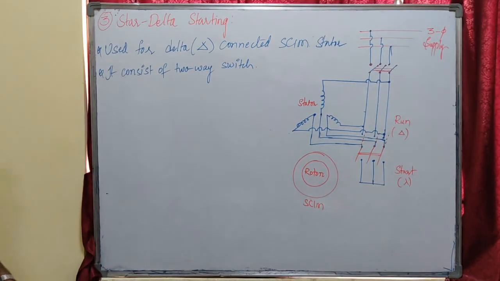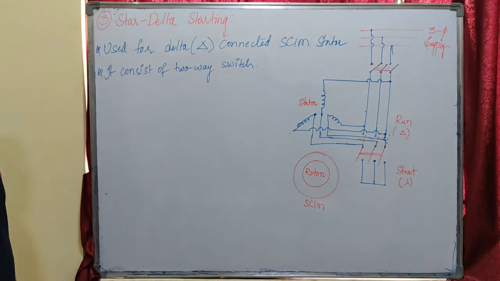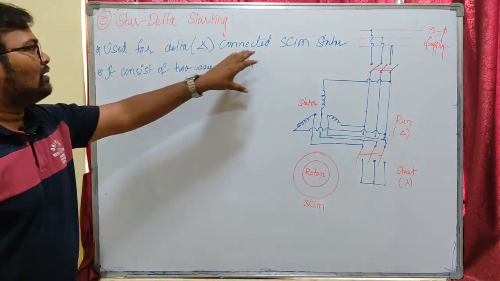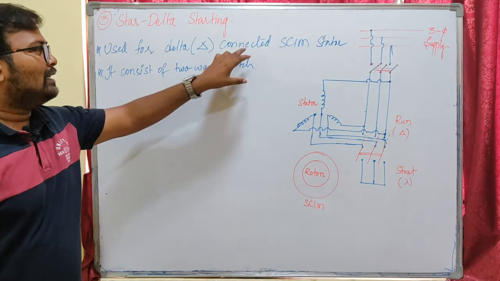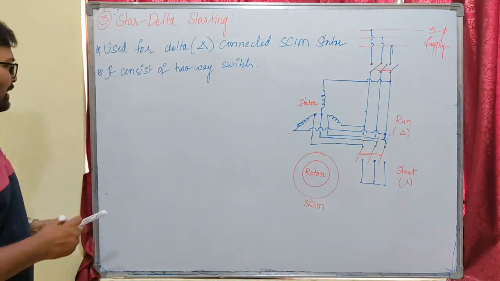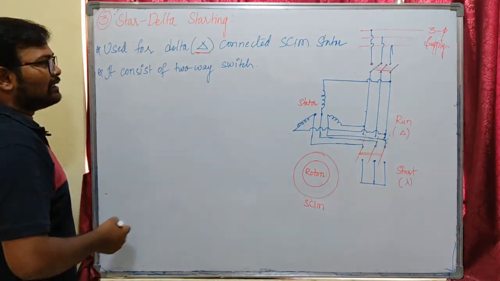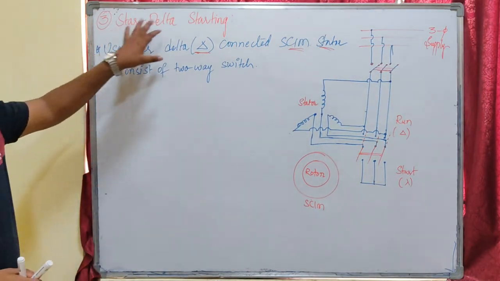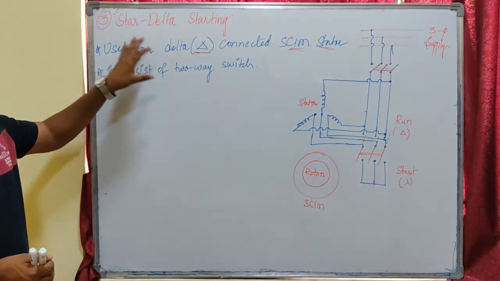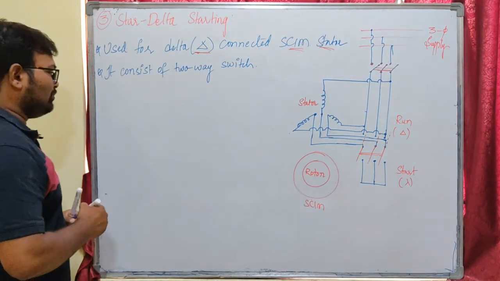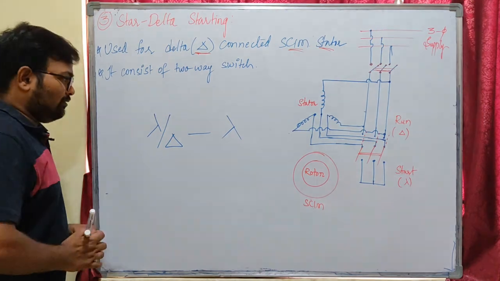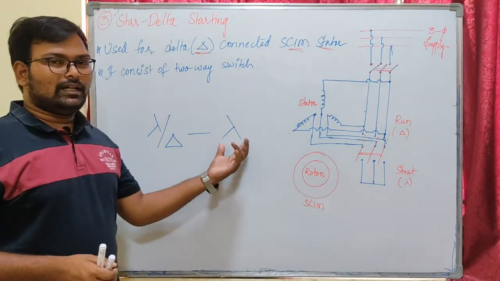As I earlier told you, the star delta starting is used for squirrel cage induction motors with stator connected in delta. That means delta connected stators of squirrel cage induction motors will be operated using star delta starting, because the stator of our induction machine can be connected in star or delta, but irrespective of the stator, the rotor will be in star for a slip ring induction motor.